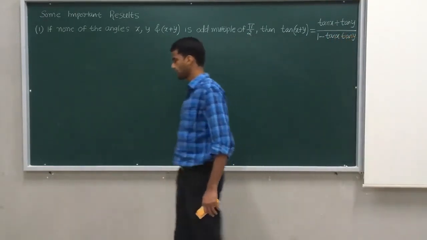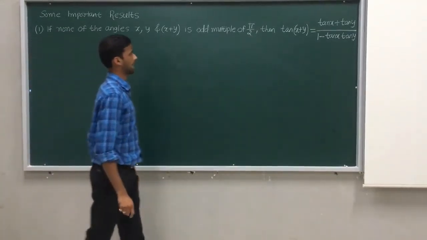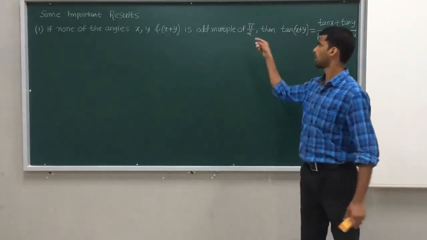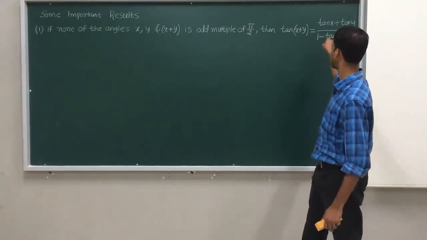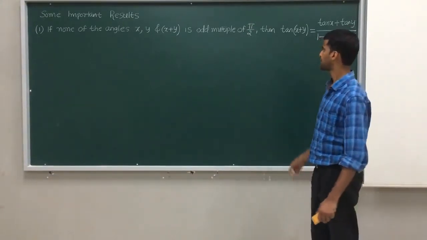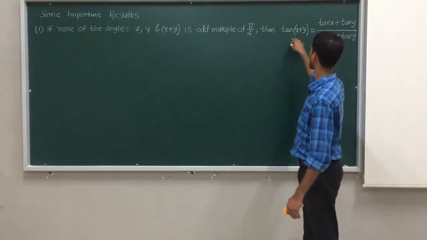So they have given the statement, if none of the angles are odd multiples of pi by 2, then prove this particular result. Why they have given this statement, let me explain later. So I want to prove this result.